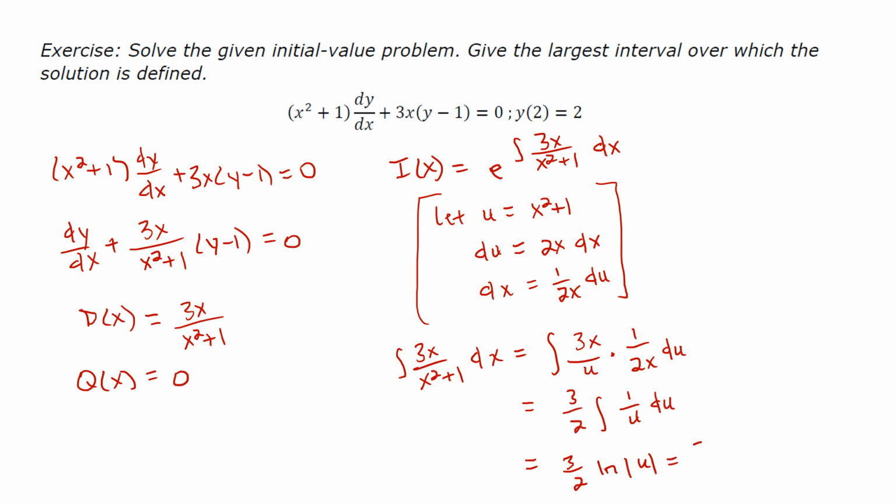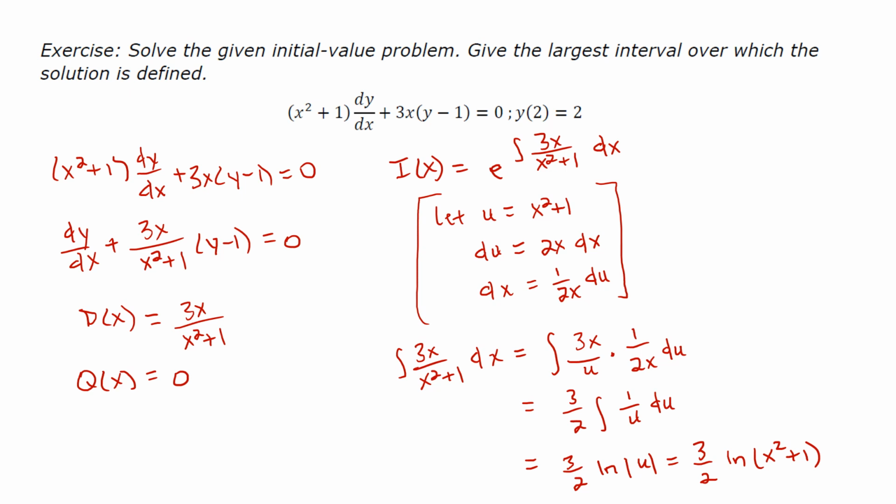So this equals 3 over 2 natural log of x squared plus 1. Okay. And we don't need the absolute value because no matter what x value we substitute for x, it will always be positive. Okay.